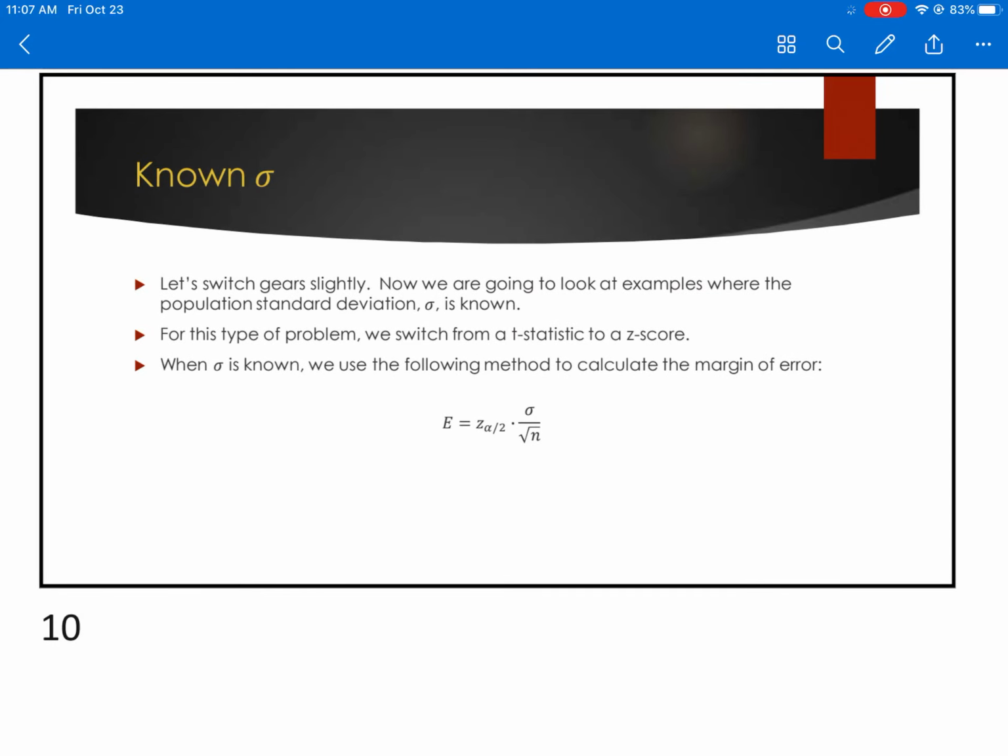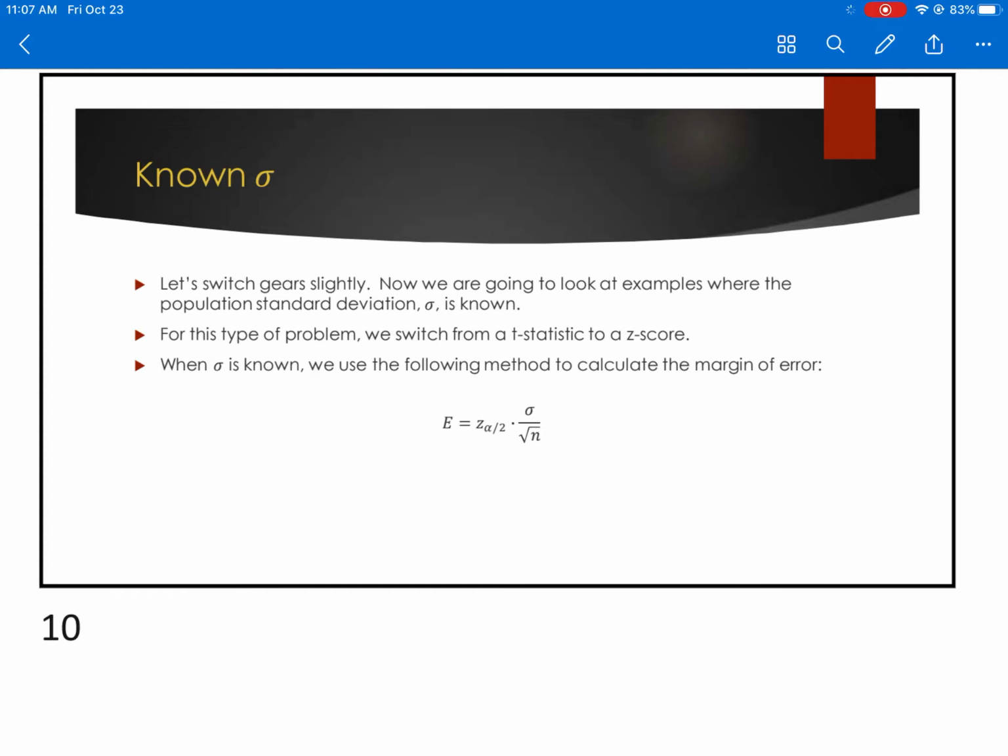So what happens if we know our population standard deviation? So what we're going to do is, again, if your sigma is known, for this type of problem, we switch from a t-statistic to a z-score. Okay, so we talked about going from a normal to a standard normal in Module 2, but we won't have to do all that work for it, and I'll show you in just a second.